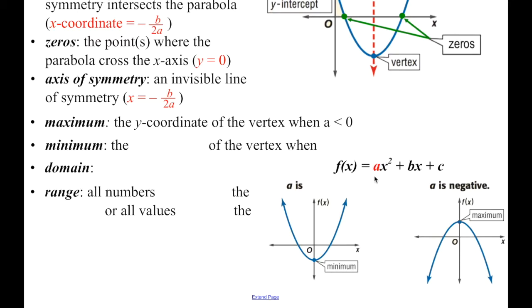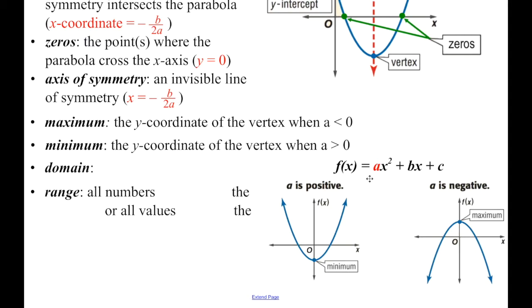A less than 0 means it's negative. So if you have a negative x squared term, you already know that graphically this thing opens down and it has a maximum point. If a is positive, then you get a minimum point and it opens upward. So the coefficient in front of your quadratic term tells you right away, just by looking at the equation, whether it opens up or down and whether it has a maximum or a minimum point.